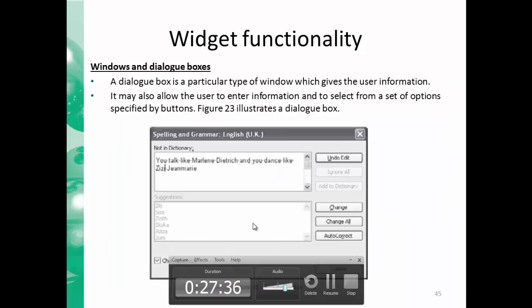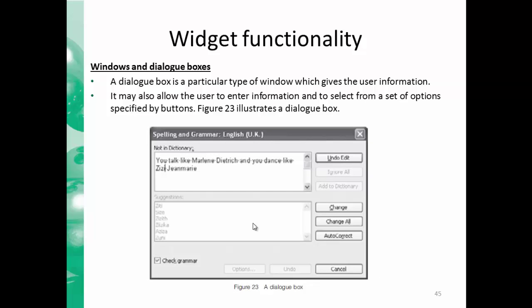One important type of window is dialog boxes, which give the user information, and also sometimes allow users to enter information. So from the name, it's a dialog. It gives you information and accepts information from you, but at the end, it's a type of window.